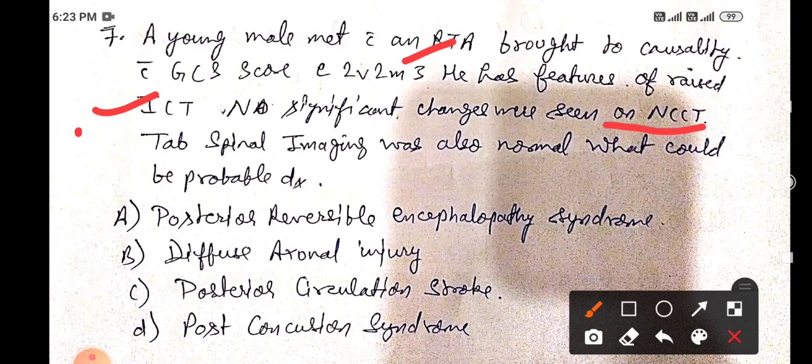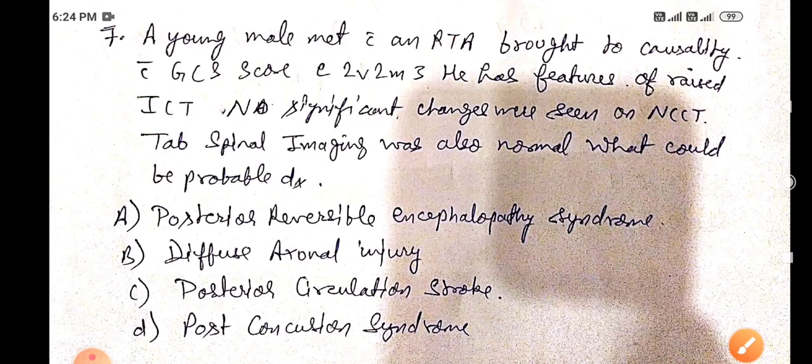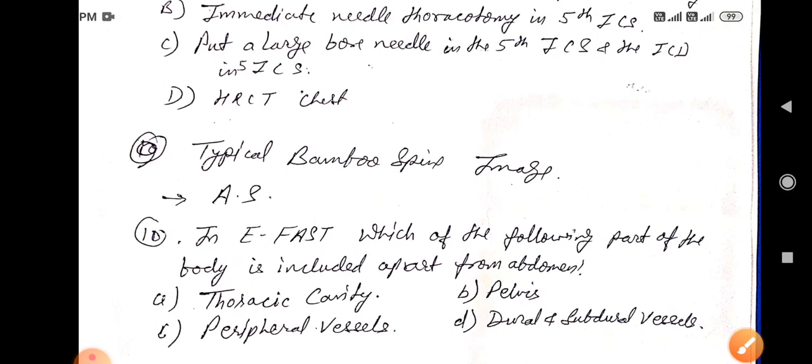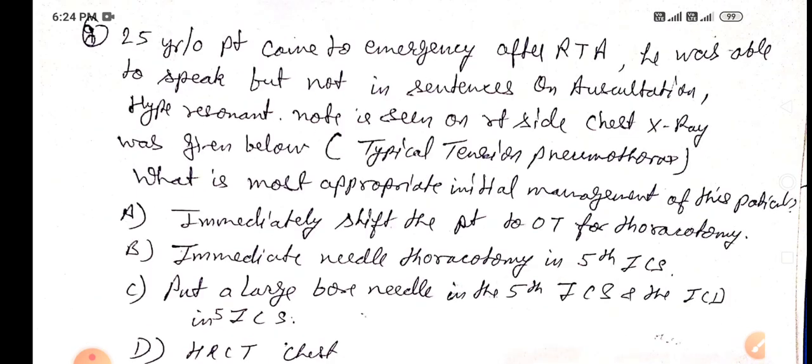So CT is absolutely fine. Spinal imaging was also normal. What could be the probable diagnosis? This is a triad, direct question. You have to answer diffuse axonal injury. No need to think of other options here.